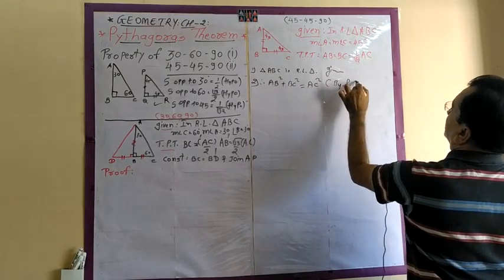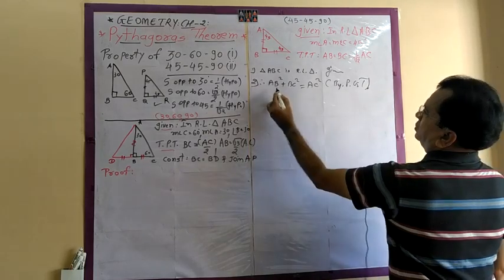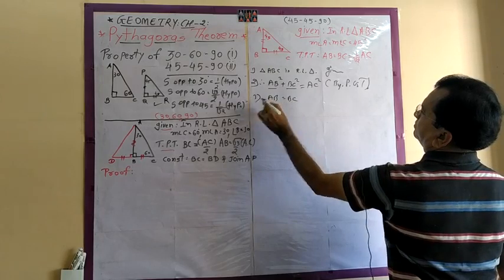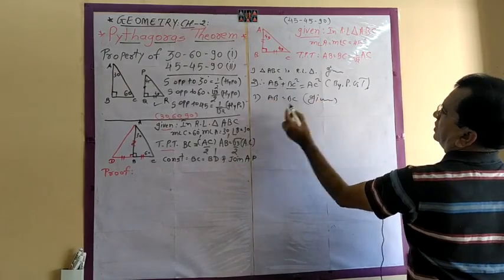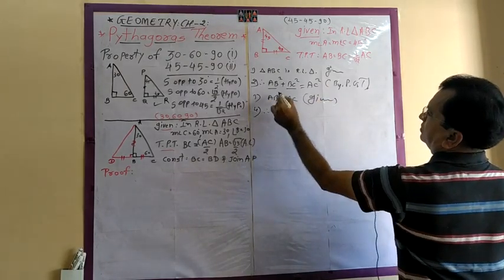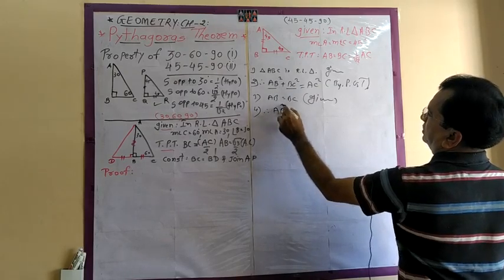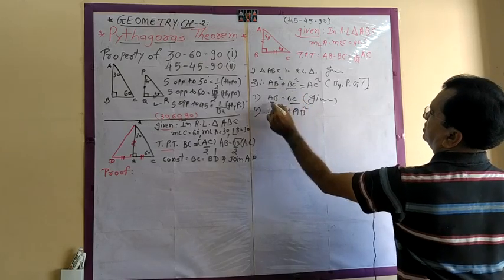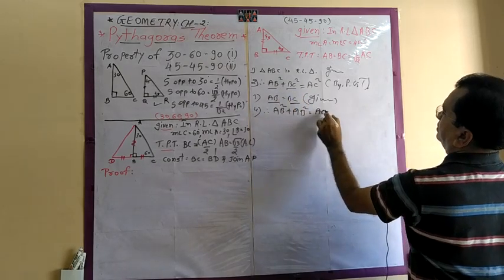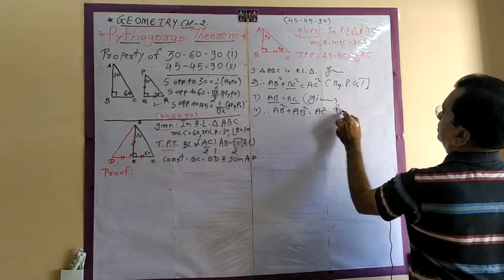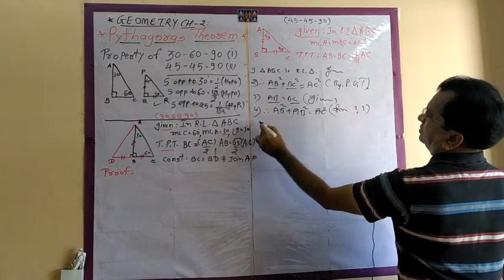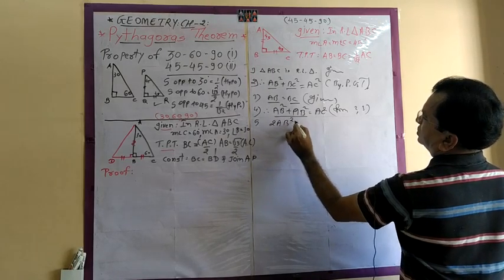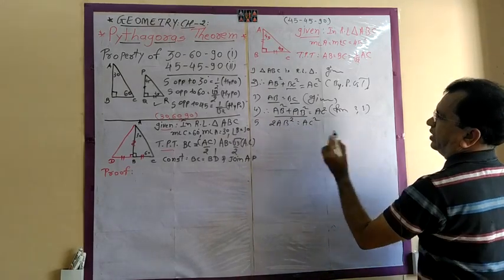So AB is equal to BC, it is given. Therefore, substitute AB square because BC is equal to AB. So this is 2 AB square is equal to AC square.